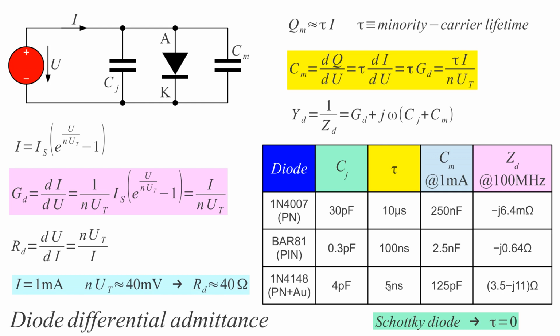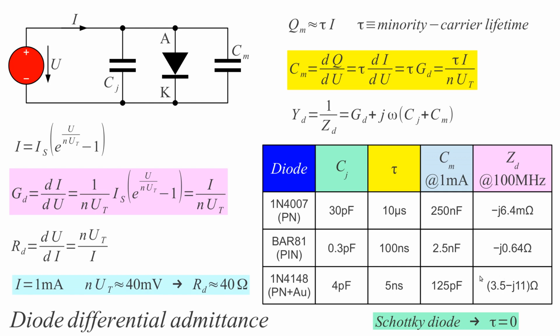So this diode will have 125 picofarads of minority carrier capacitance plus 4 picofarads of junction capacitance, and 5 nanoseconds minority carrier lifetime. This is much shorter, 3 orders of magnitude shorter than the rectifier diodes, more than 3 orders.